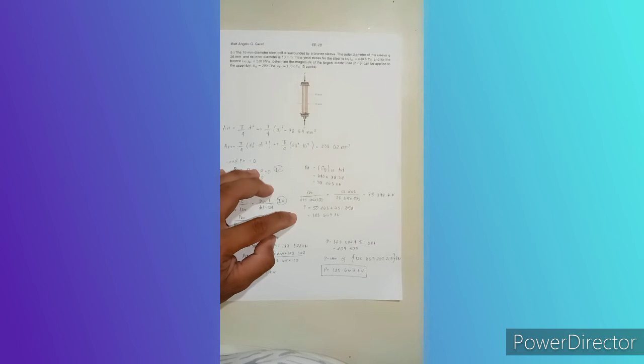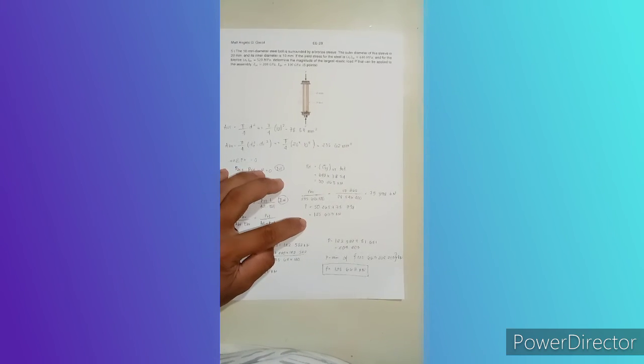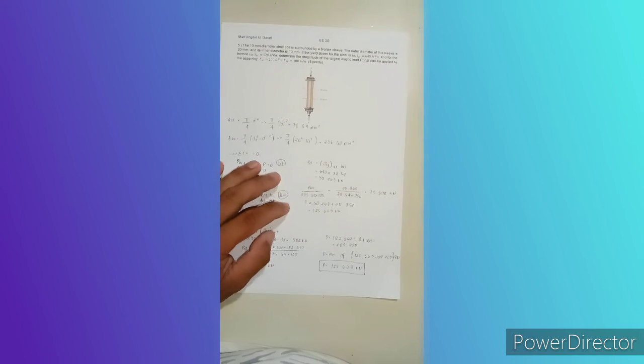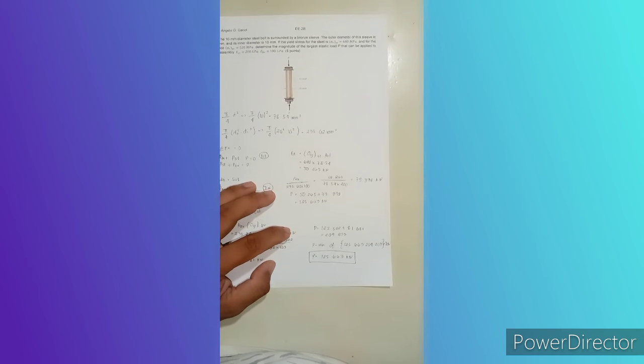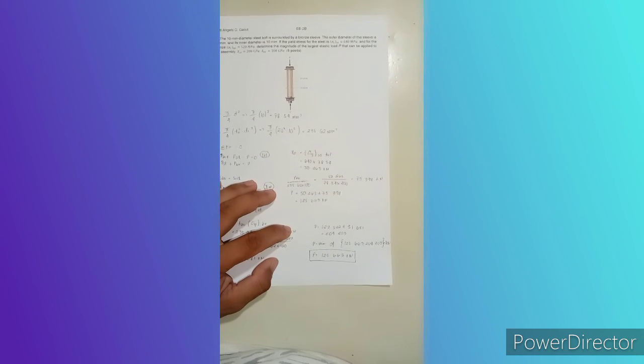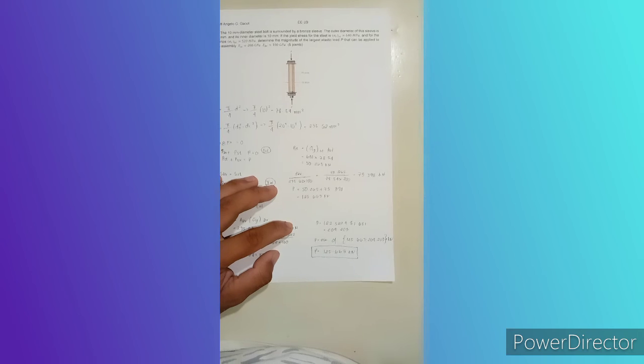So getting P is equal to 50.265 plus 75.398, our P will be 125.663 kilonewton. So getting P is equal to 122.522 plus 81.681. The answer will be 204.203.